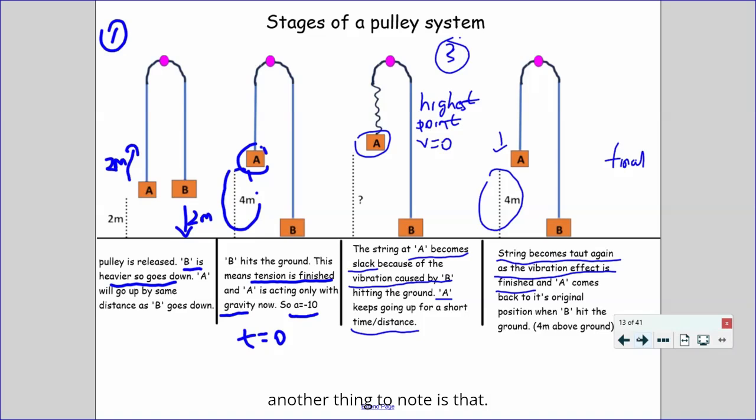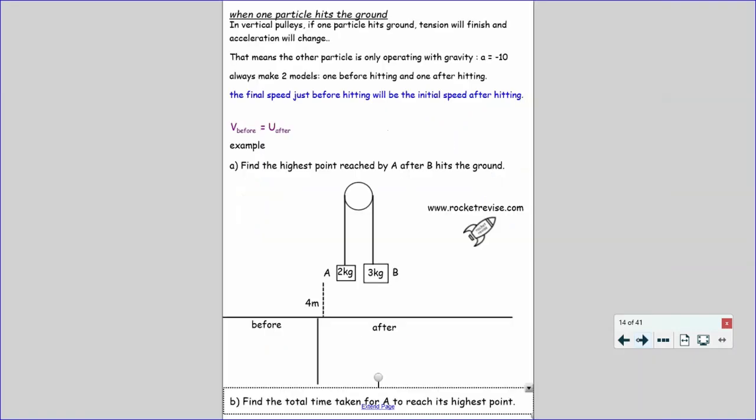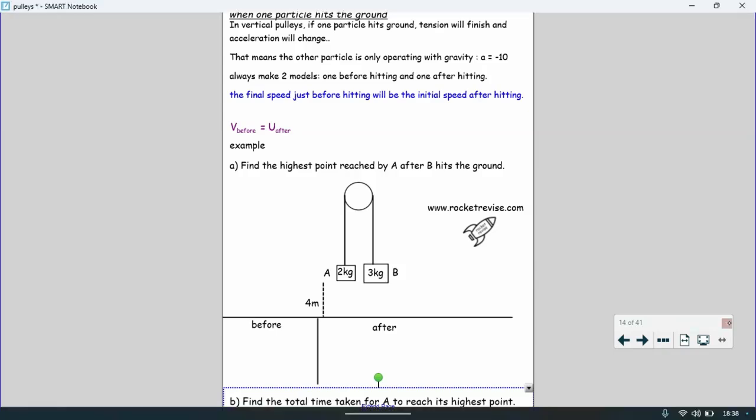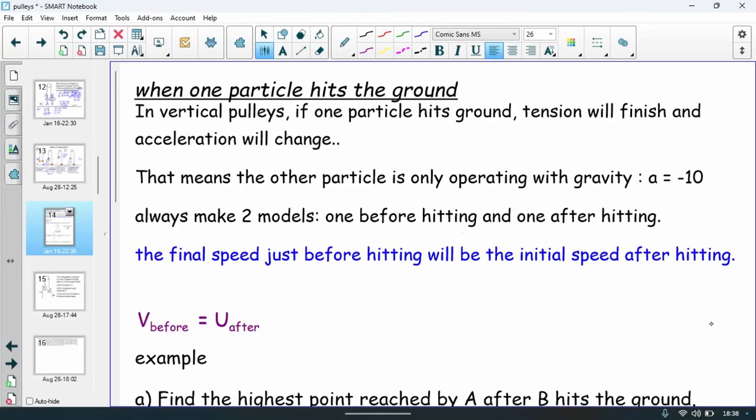Another thing to note is that, let's do this one. Right, so I've just summarized it here.